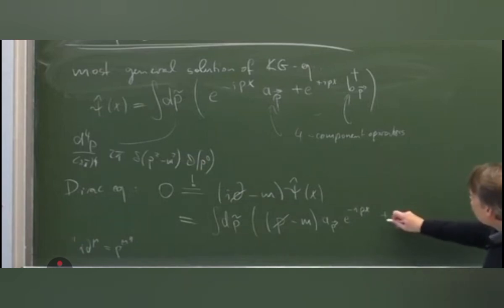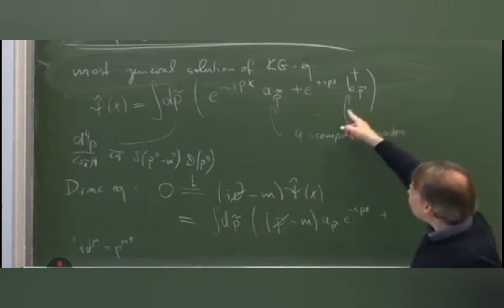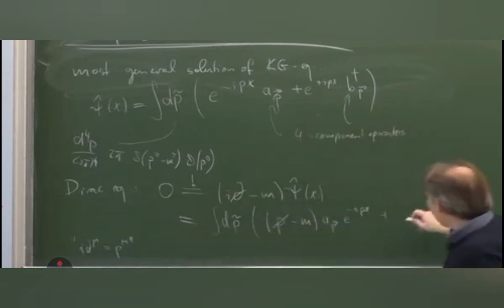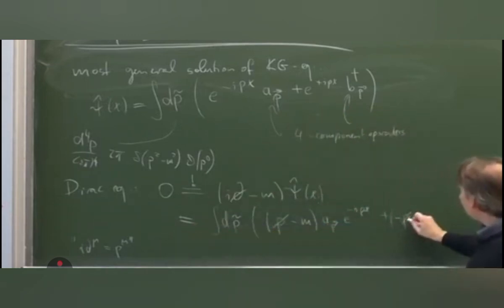Then in the second term, we have the b dagger and e to the plus ipx. So we get the opposite sign: we pull down minus (p-slash minus m), acting on b dagger times e to the plus ipx.